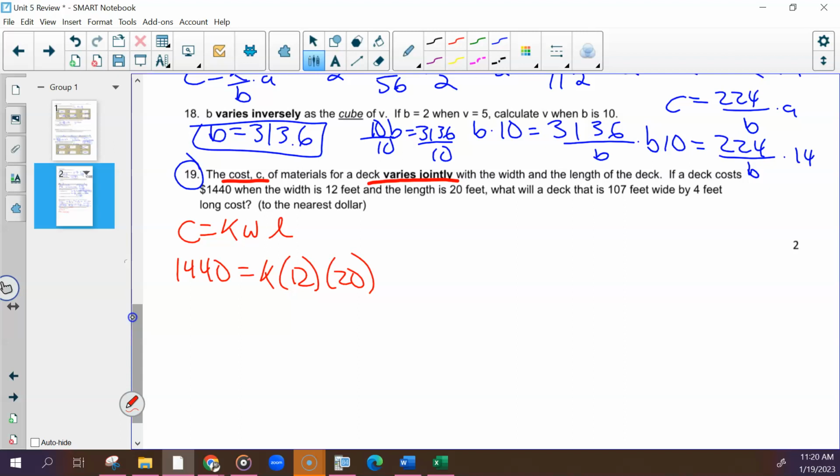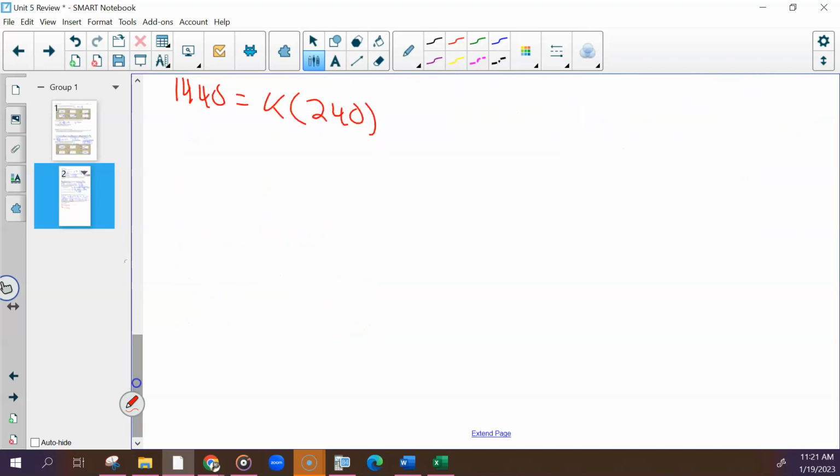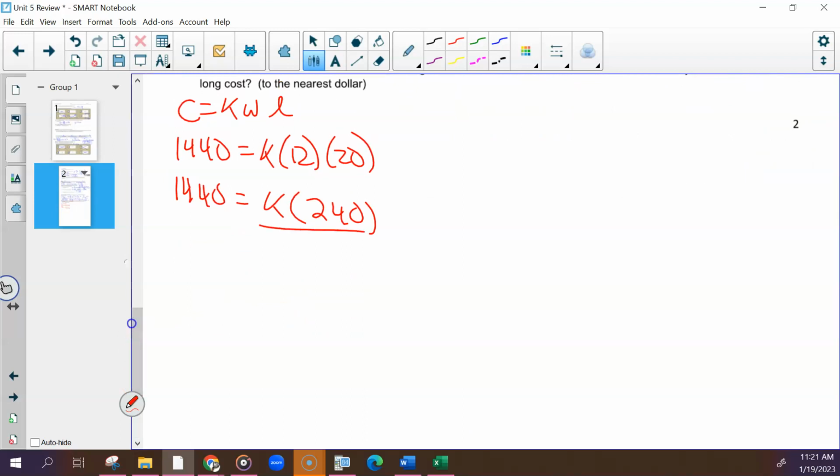So you would multiply 12 and 20. Someone do that for me. Okay. And then we can use that to figure out what our K value is. Divide both sides by 240.